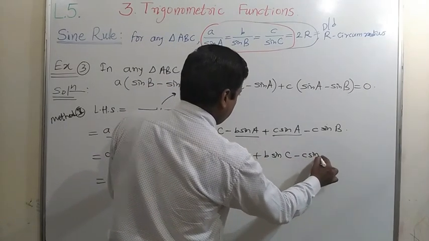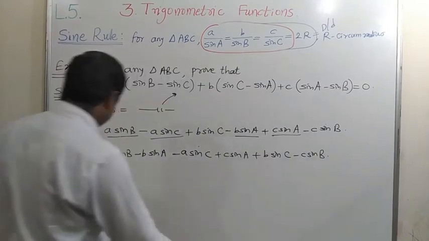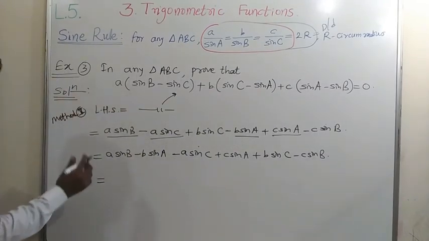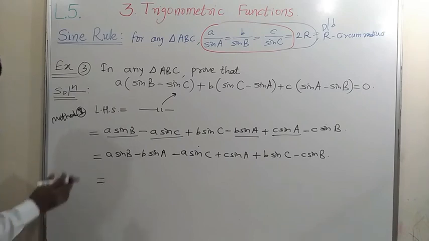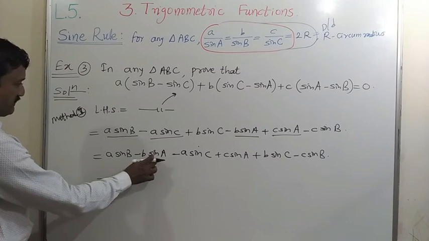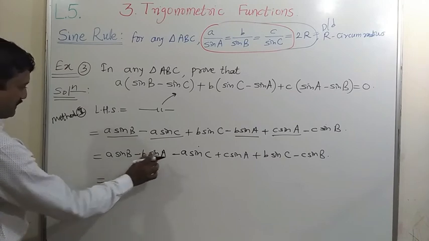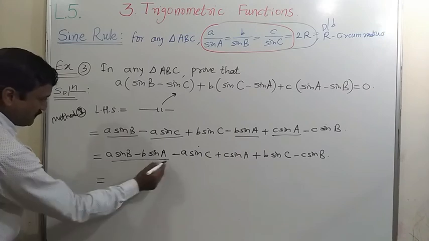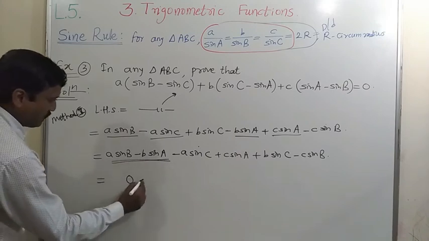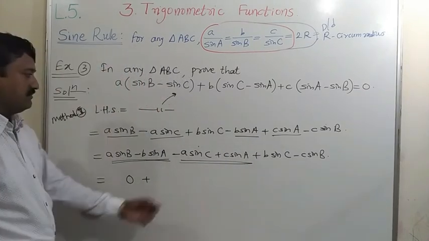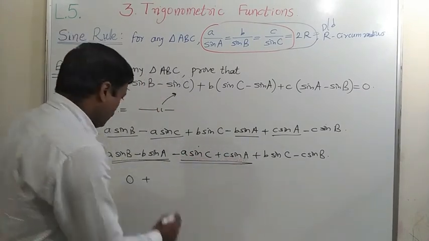We have proved those 6 results. Out of the 6 results, our result number, I think 4, gives a sine b is equal to b sine a. So these two are equal. So from these two results, we get 0. Plus from these two results, they are again same. A sine c is equal to c sine a.